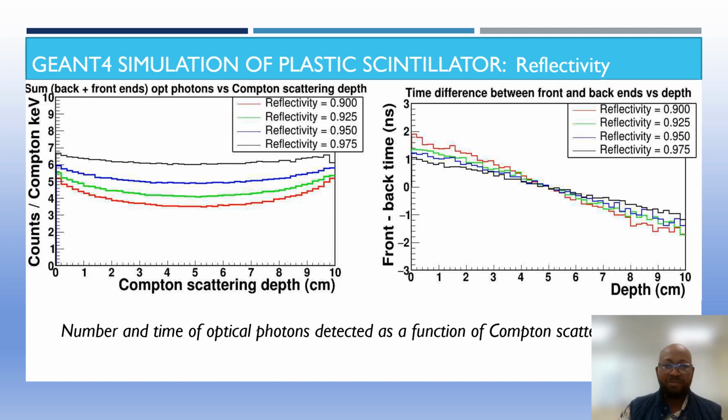Looking at the timing response, the difference between the front and the back end times shows that the red, which represents the 0.9, gives the highest difference, whereas the least difference is given by the highest reflectivity, which is 0.975.